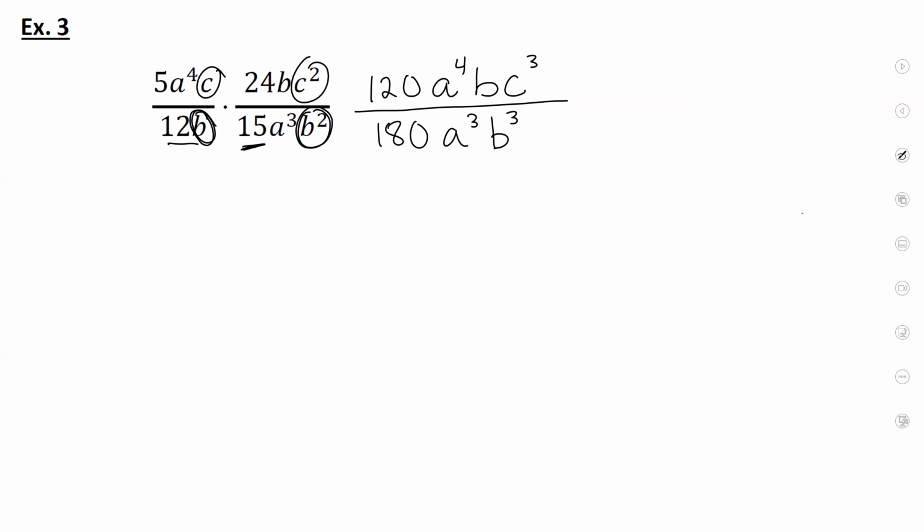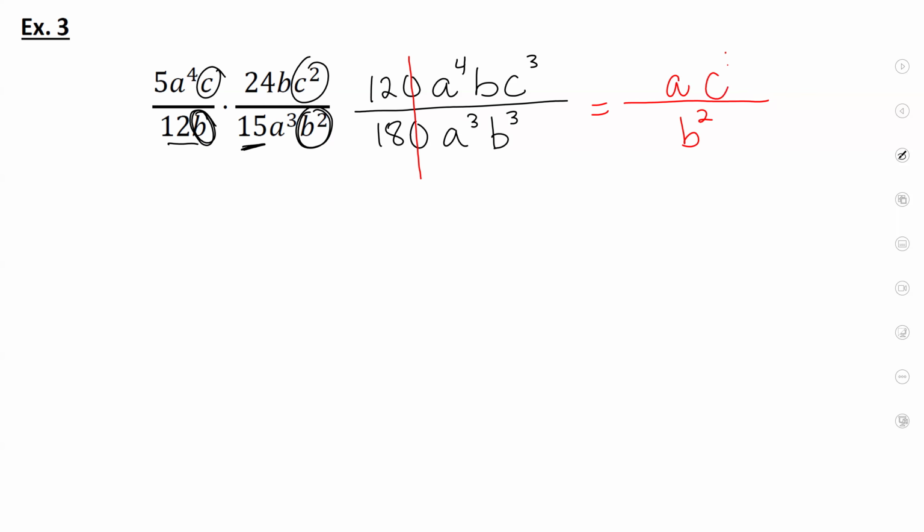Instead of dealing with 120 over 180, let's cancel out these zeros and just deal with 12 over 18. Okay, the A's. How many A's will I have? Where will it be? The numerator. How many B's will I have? Where will it be? Denominator, 2 in the denominator.